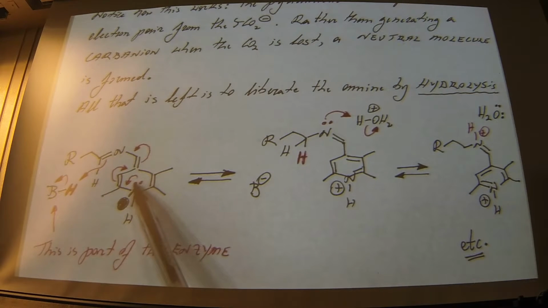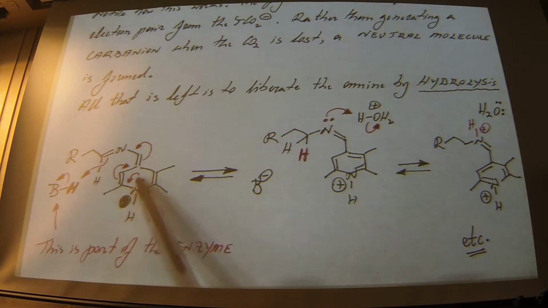You have this electron pair, and it moves around, so to speak, to pick up a proton, generating an iminium ion here rather than the iminium ion there. And so having the pyridinium, or the pyridine in this case, ring, ensures that you get a low energy pathway for protonation to take place not on the imine nitrogen atom, but on the imine carbon atom.